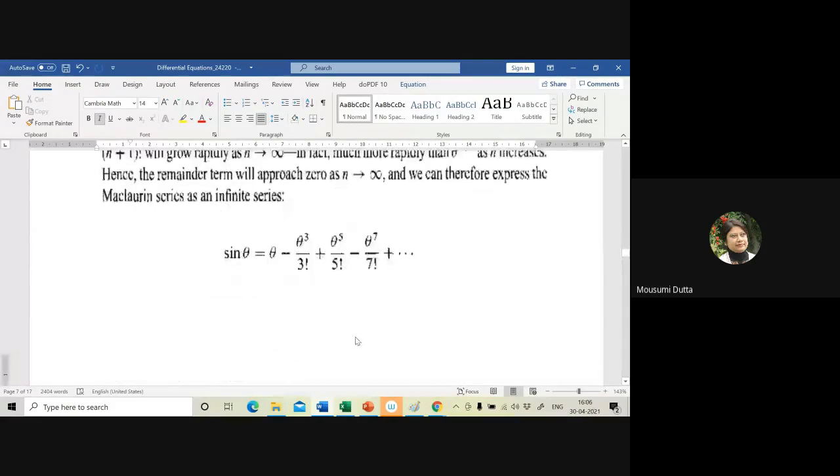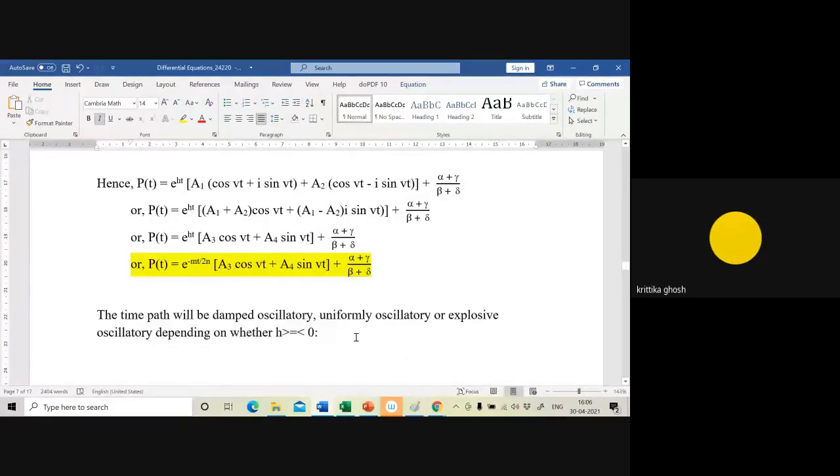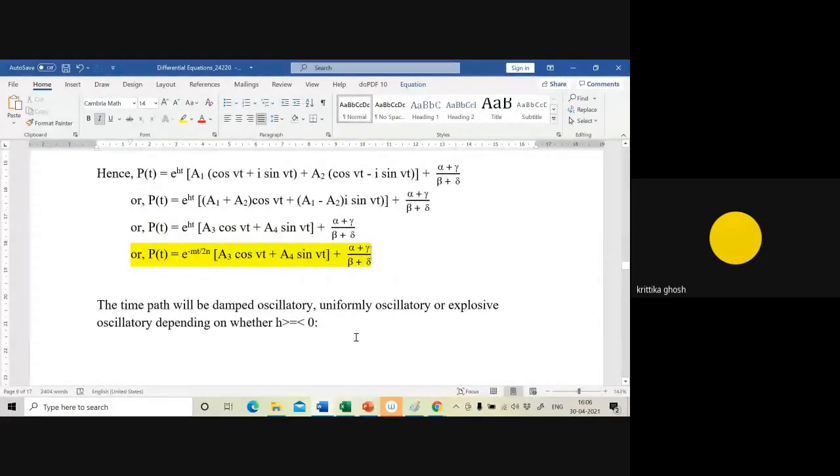Or what was your question? Yes, ma'am, that part I understood. But in the second step, we have A1 minus A2 i sine vt, right? So in the next step, where did this i go? Did it become a part of A4? Yes, it is becoming a part of A4. A4 is A1 minus A2 into i.